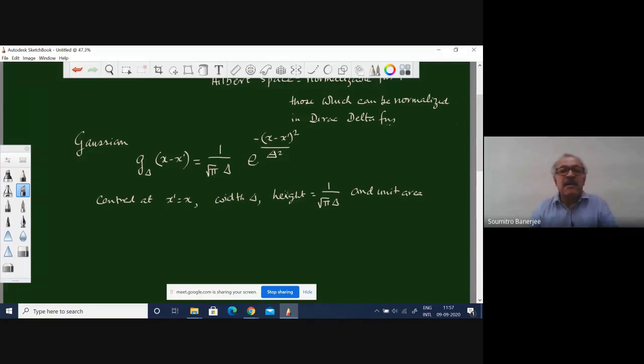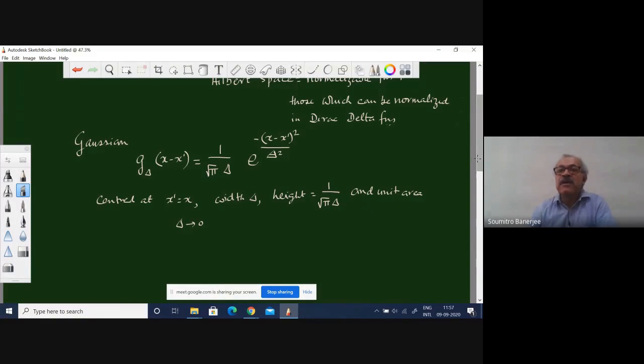Now imagine that you are slowly reducing delta, and delta tends to 0. Then what happens is that its width becomes narrower and narrower, height becomes taller and taller, and at the end it becomes the delta function that we defined.